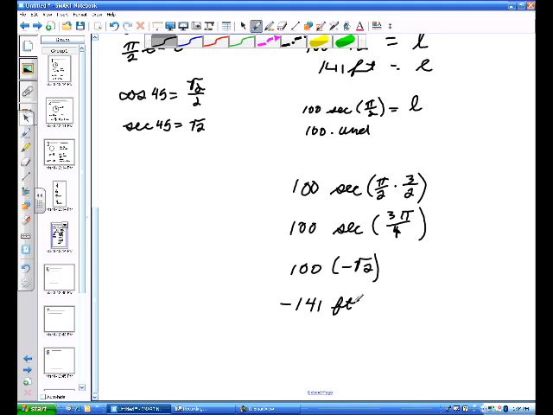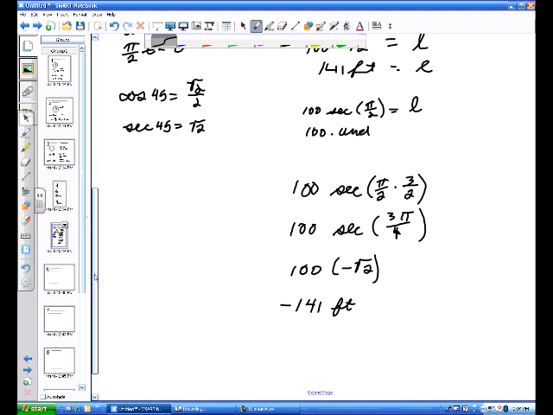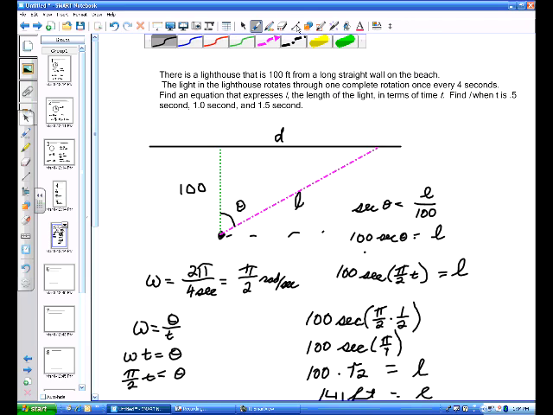Now, is that making sense that we've actually ended up with a negative 141 feet? Well, let's go back to our picture. And let me see if I can do this in a different color so that we can see what's happening. Okay, we started off here.